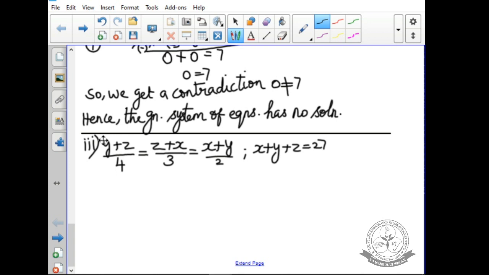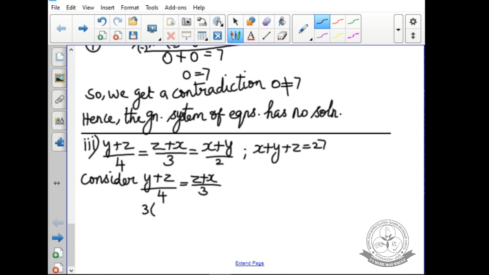So we take the first two equations. So consider (y plus z) by 4 is equal to (z plus x) by 3. On both sides we can cross multiply.